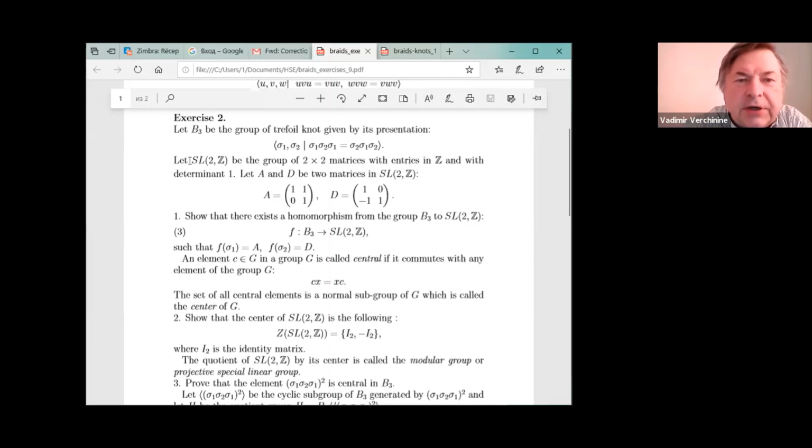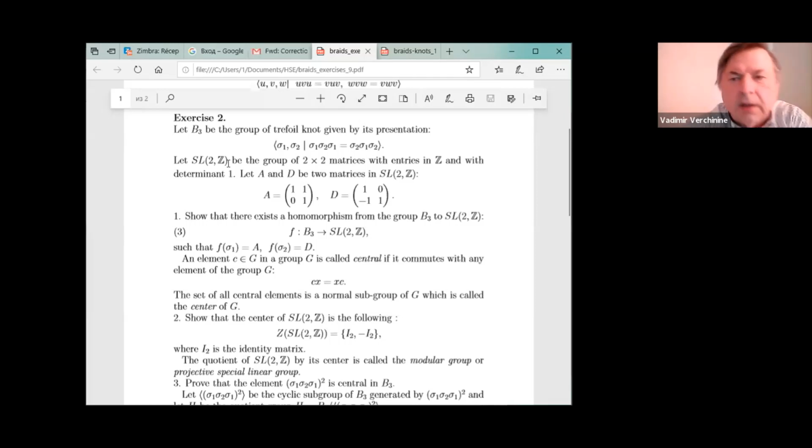Let us consider the matrices with entries in integer numbers and with the determinant equal to 1. The same way as with matrices of rational, real, or complex numbers, the matrix is invertible if its determinant is invertible. So 1 is a very beautiful invertible element in Z. So this is a group.